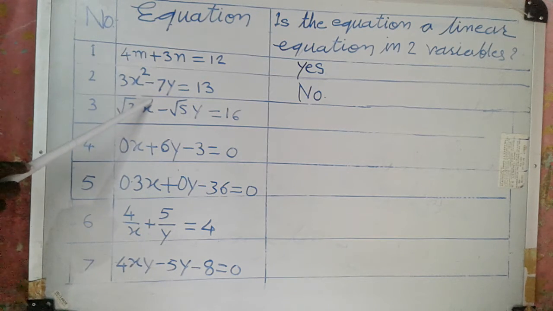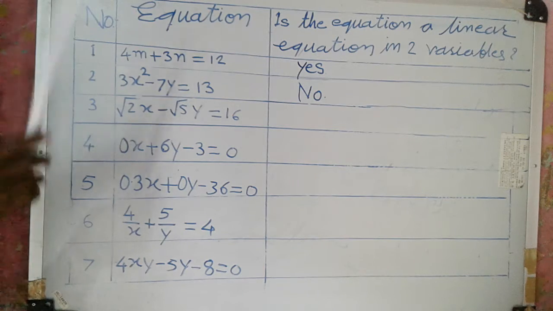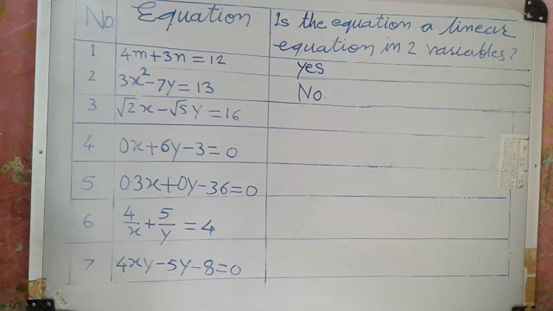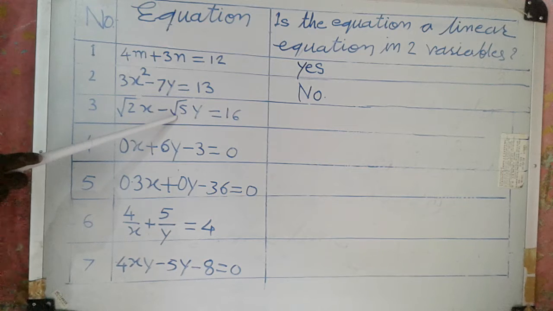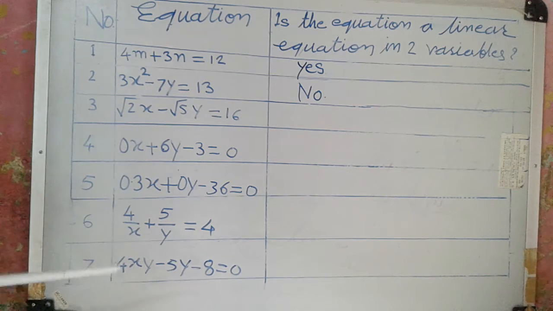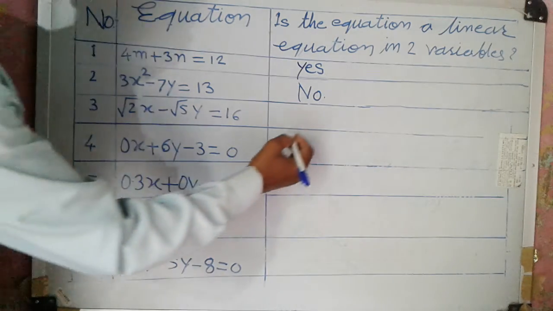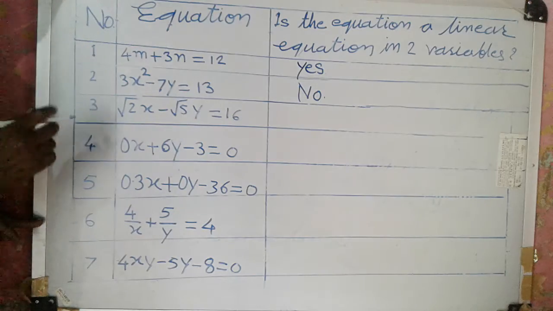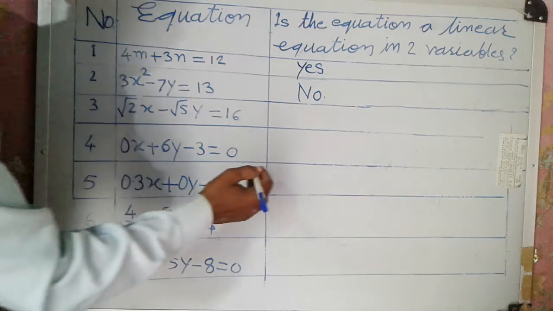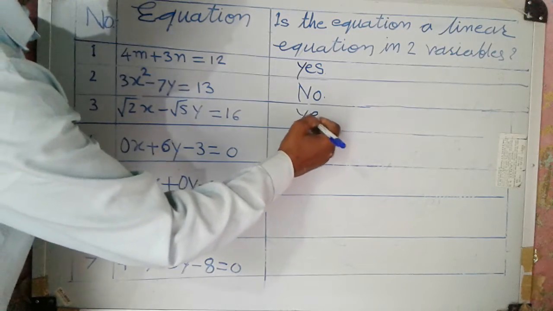The degree of x is 1, the degree of y is 1. Also root 2 and minus root 5 are not equal to 0. Therefore, according to the definition, this is a linear equation in two variables. So our answer is yes.